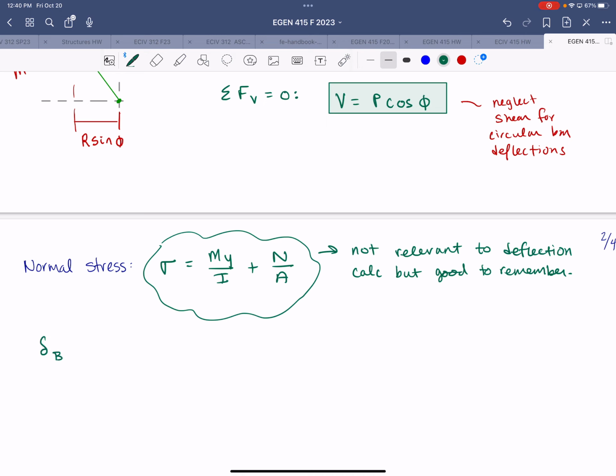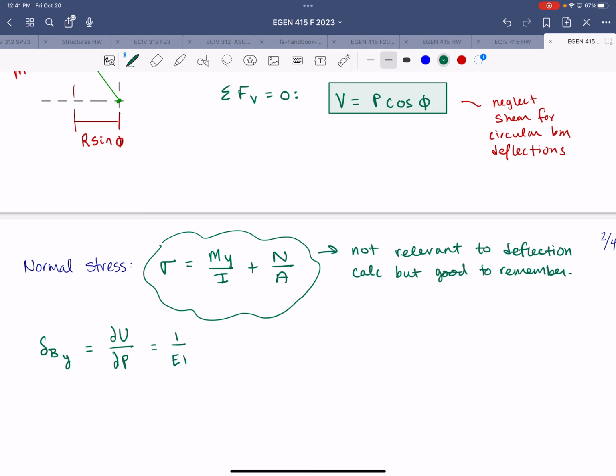All right, so for our deflection calc, we're looking for the vertical deflection and the horizontal deflection at the free end. So first we'll consider the vertical deflection, delta By, and that's going to be the partial derivative of strain energy with respect to the applied force P. Since the applied force is in the vertical direction, we have that to work with. We don't have to add a fictitious force.